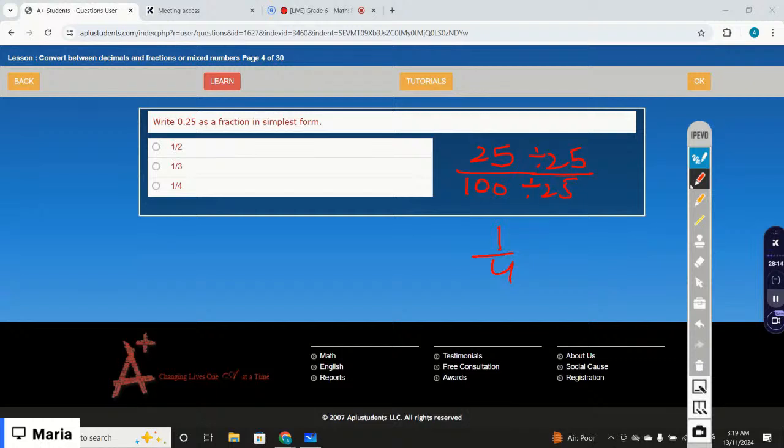That is 1 over 4. The correct option is option number 3, right?